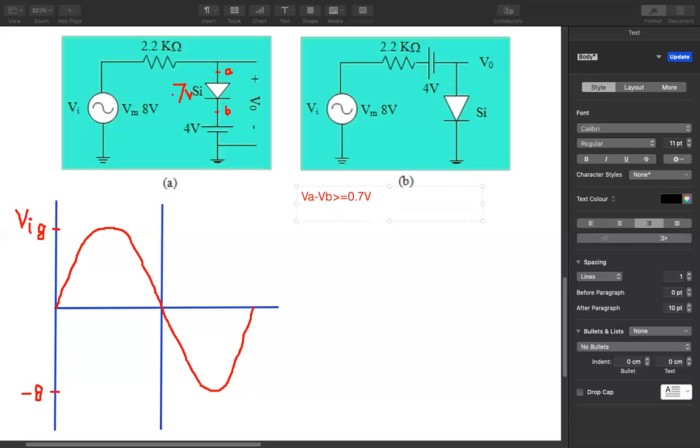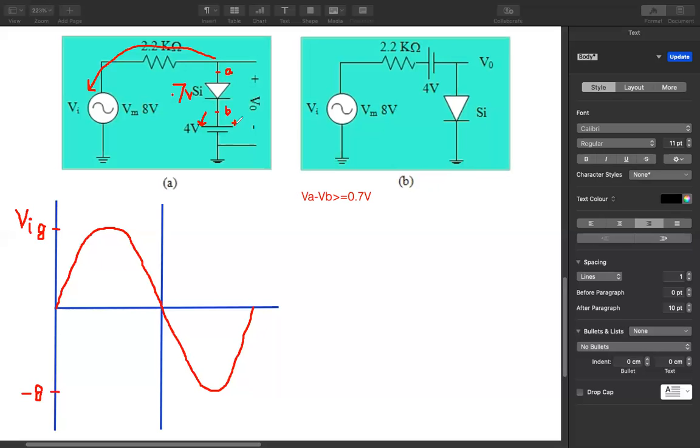How? You have to know what is the potential or voltage at point A and point B. So point A is directly connected to the power supply. So VA will be equal to Vi, and VB is connected to this DC power supply equal to 4 volts, the positive terminal of the 4 volts.